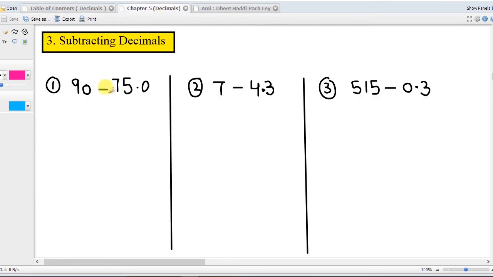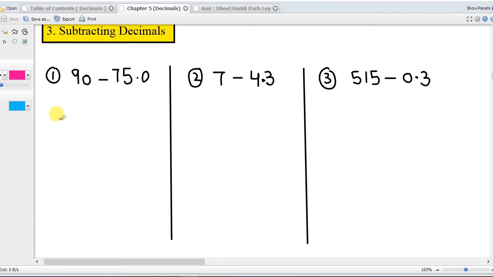Subtracting decimals. The same rule is going to be applied as we discussed in our previous lesson, adding decimals. Subtracting normal numbers follows the same rule as subtracting decimals. Question number 1 is 90 take away 75 or 75.0.